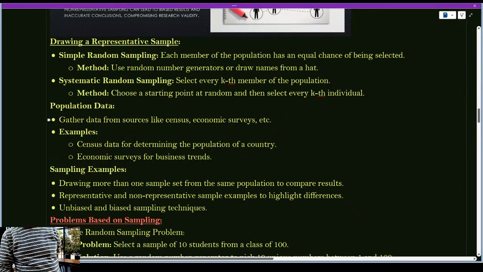How do they predict? All the websites are behind it. They have taken from here. Census data is for determining the population of the country, economic surveys for business.